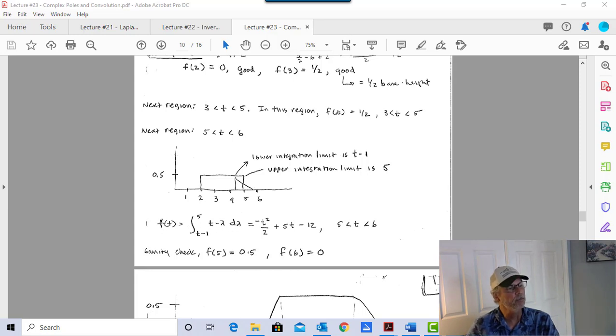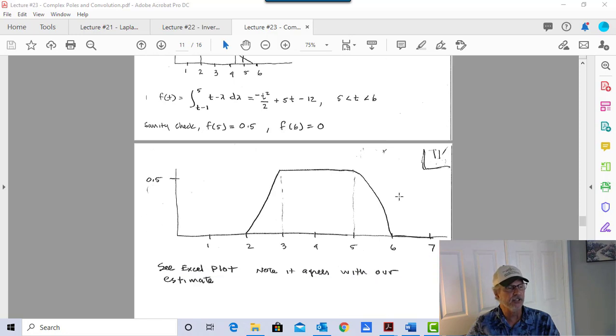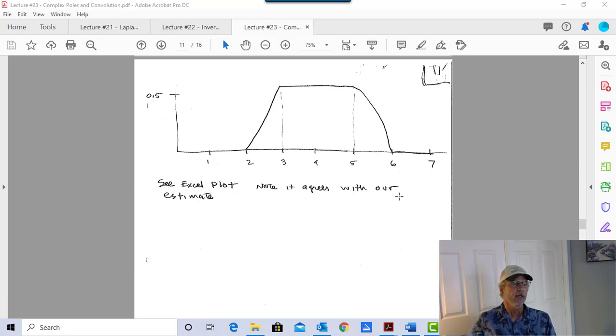That's why I end up with a function of t. I integrate that out, and I get this function here. And as a sanity check, I substitute in 5, and I get a half, which is correct. I substitute in 6, and I get 0. And here is our function.